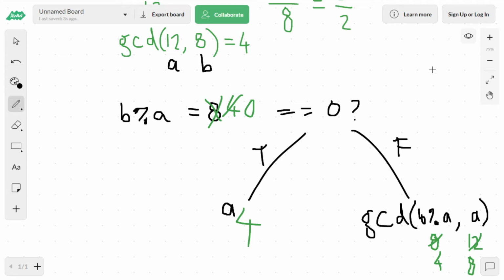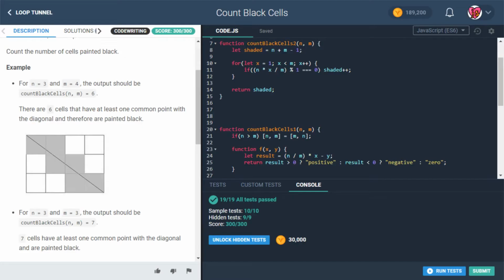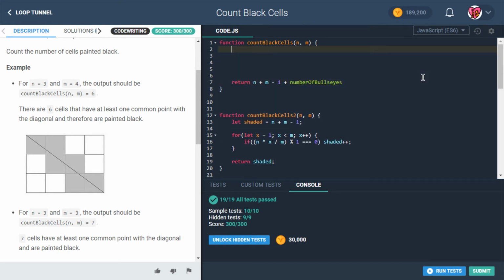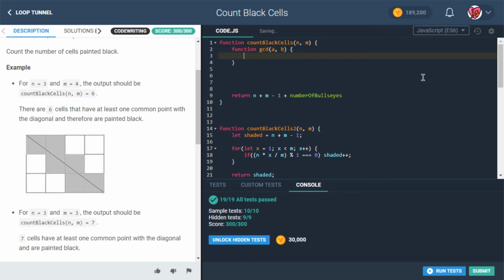So let's get this in here. Where am I? There we are. Okay. Let's do this one step at a time. So we'll say function GCD, which will take two inputs, A and B. And it's going to say const remainder, I'll make that a constant because this is going to be a recursive function, so it's going to be constant each time.